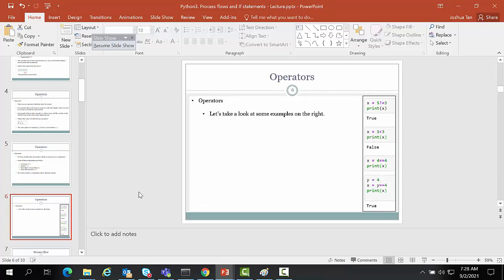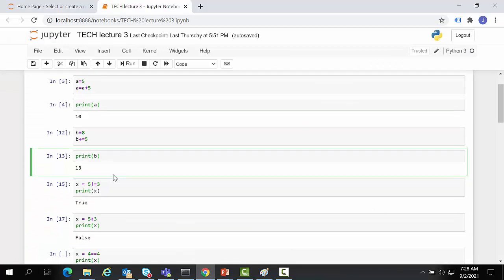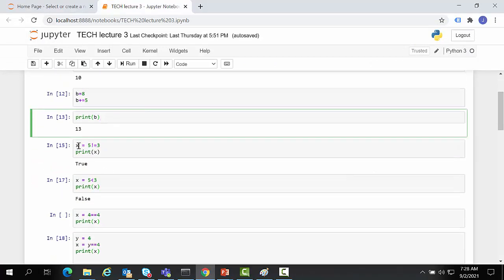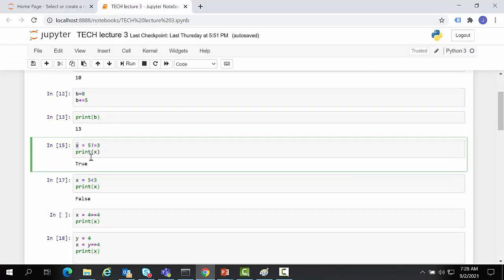Let's dive straight into our Jupyter notebook again. So x will be a Boolean variable which takes either true or false depending on whether the statement on the right is true. We learned earlier, what is this exclamation mark and equals? This is the not equal operator.